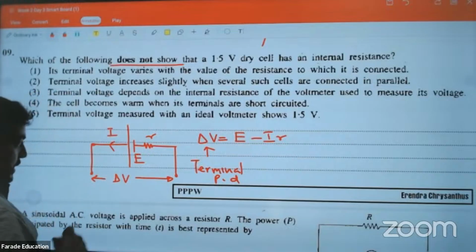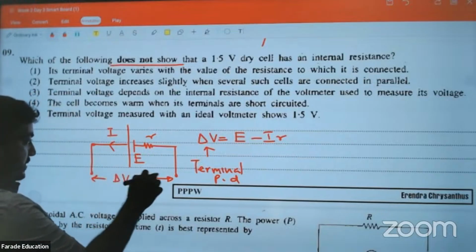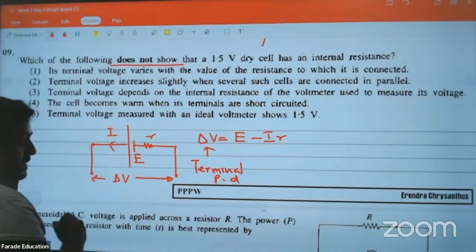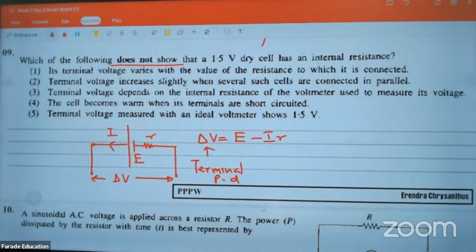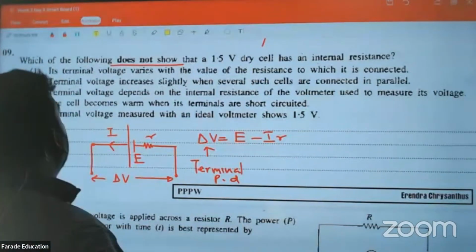So if I connect a resistor across this, the current will change. When the current changes, terminal potential difference will change.